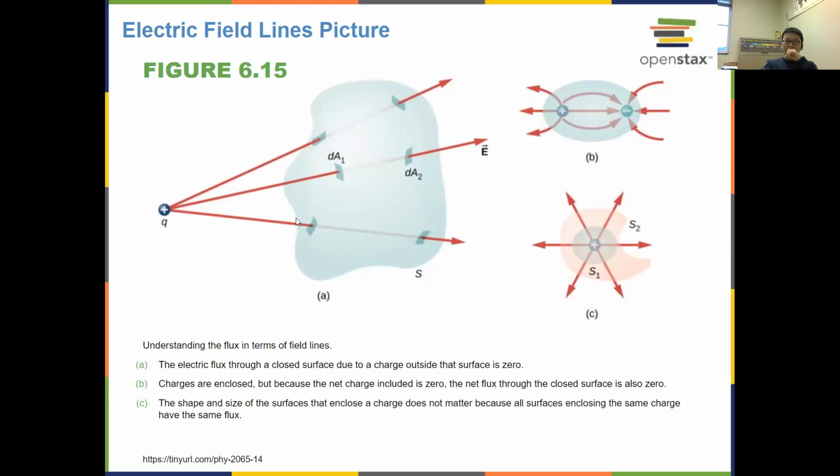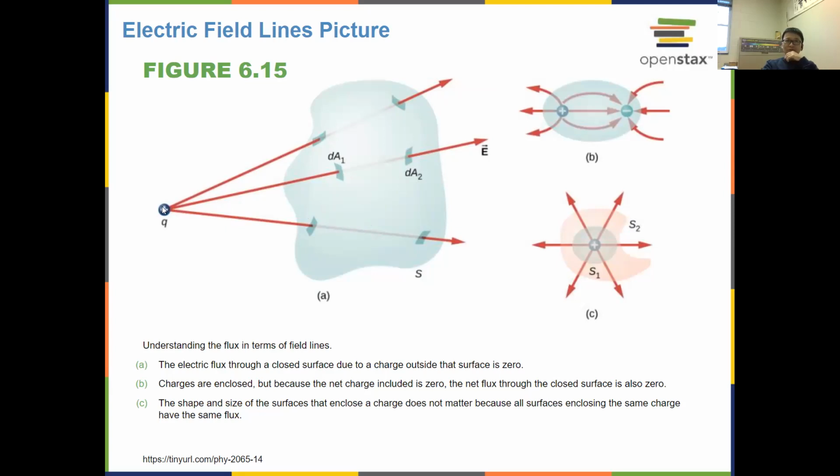Through this side of the body, it gives negative flux, because the normal direction and E field are in opposite directions. Through the other side, it gives positive flux, because the E field and normal direction are in the same direction. But they cancel out.